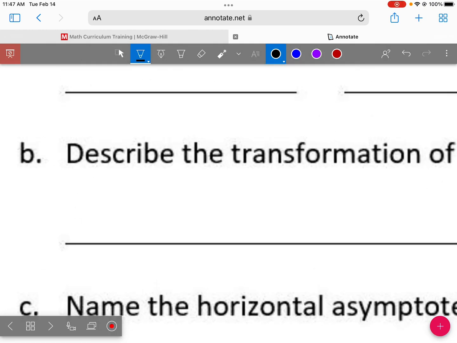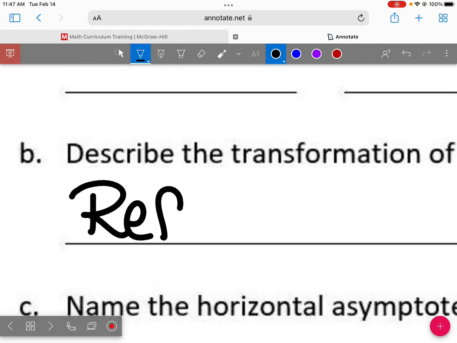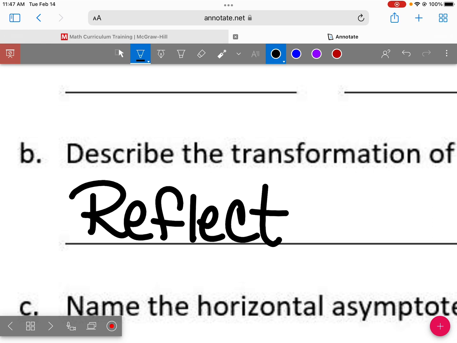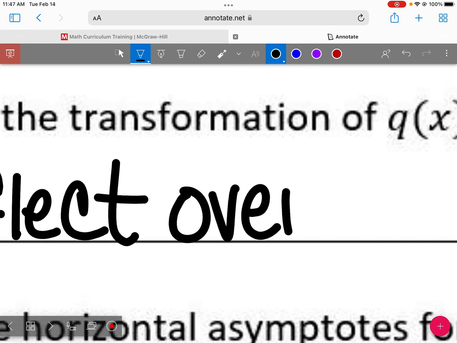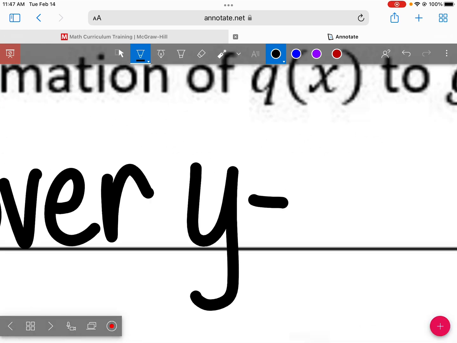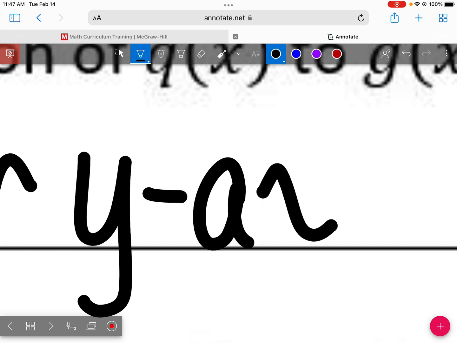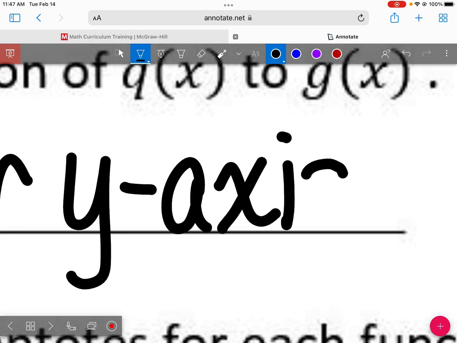Reflected over the y-axis. The x-axis goes left and right, but when you reflect over the x-axis, you would flip it over that back and forth line. When you reflect over the y-axis, you would flip it this way.